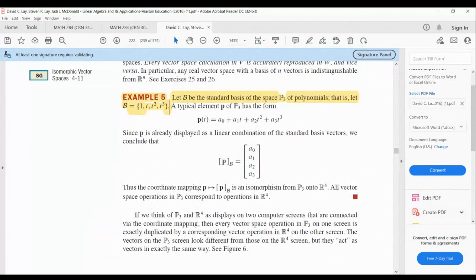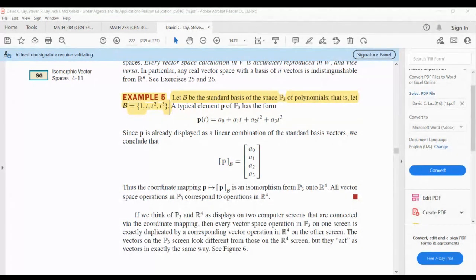Okay. So example 5 says, let script B be the standard basis of the space P3 of polynomials. So those would be polynomials of degree 3. So if your basis consists of 1, t, t squared, t cubed, you can express any polynomial in P3 space as a linear combination of those basis vectors.